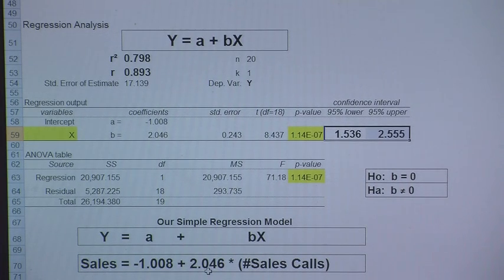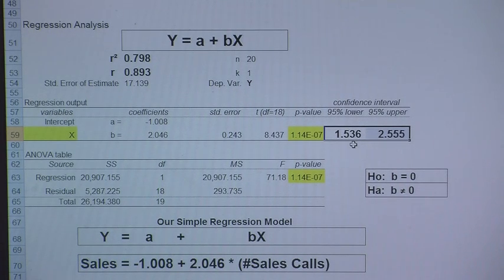So the only extension in this mini lecture over the prior one is that, first of all, hopefully I reinforced a few things about the null hypothesis, alternative hypothesis, how to read the p-value and so forth. But the extension is that we go from merely having a point estimate for B, 2.046, to actually having an interval estimate.